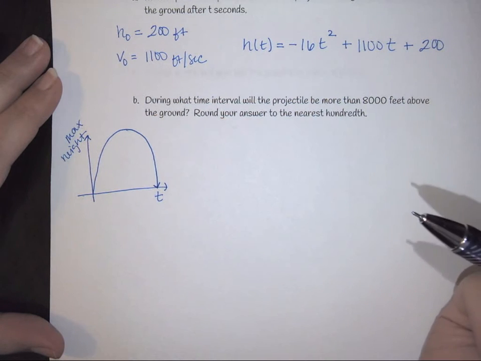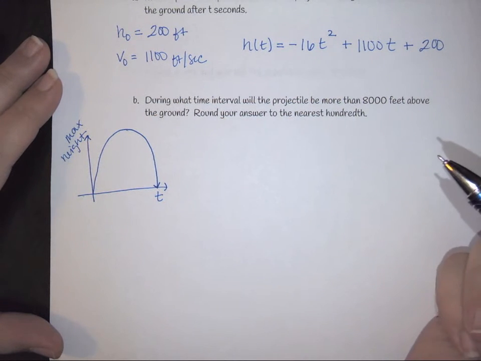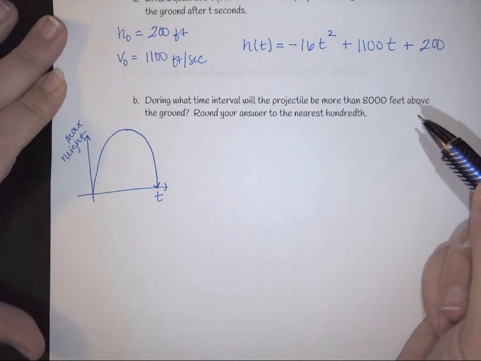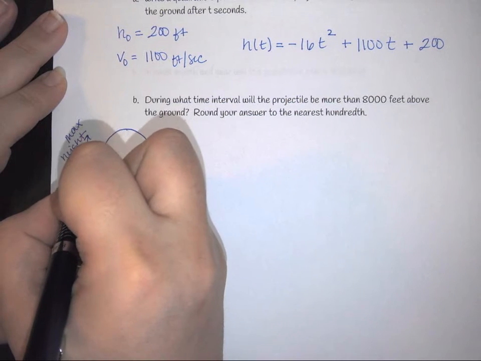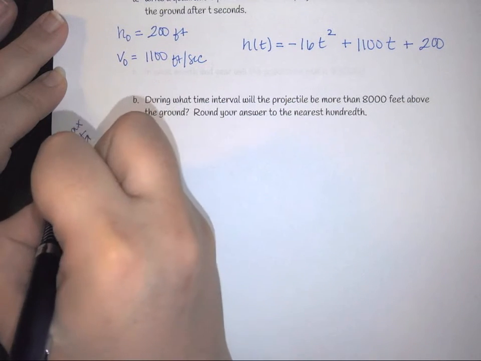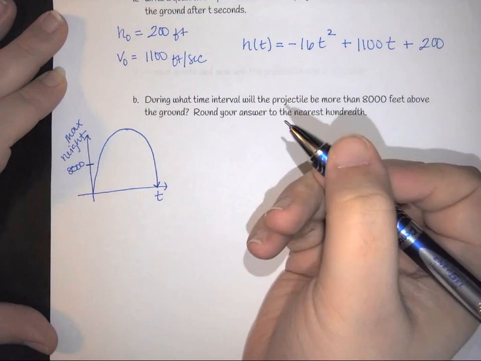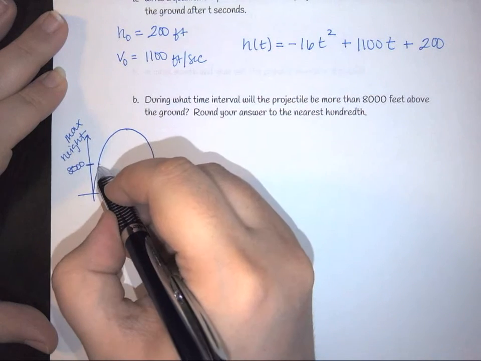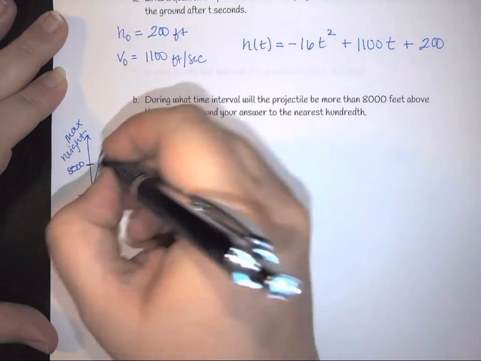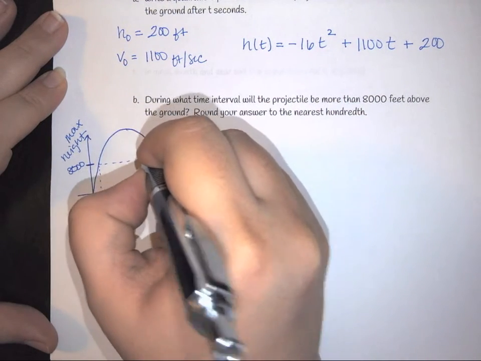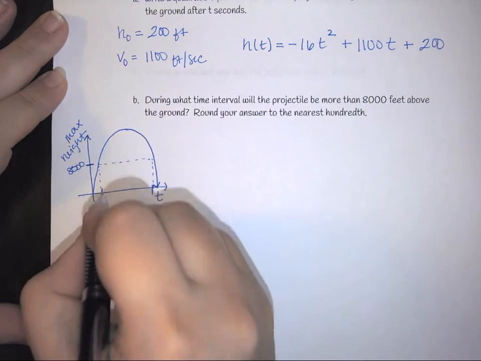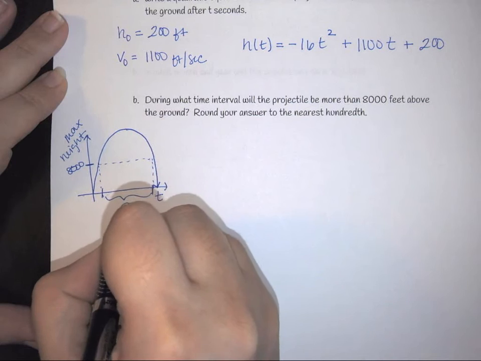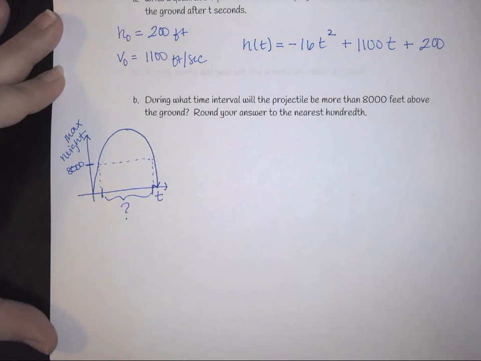So what this question is asking you for is the time interval over which your object is more than 8,000 feet. So let's say right about here ends up being that 8,000 feet mark. We want to know how long that projectile is going to be at that height.